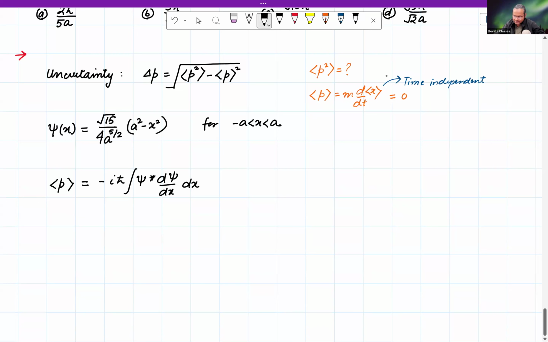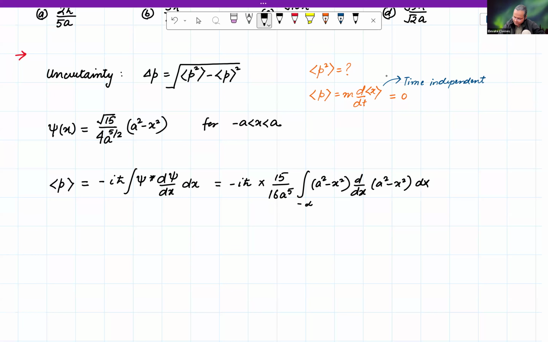ठीक है, तो आप इसको डायरेक्टली जीरो लिख सकते हैं या फिर आप चाहे तो इसको कैलकुलेट भी करके देख सकते हैं. माइनस आयोटा एच क्रॉस, and psi की जगह पे यहाँ पे आ जाएगा 15 times 15 upon 16 a⁵, integration of a² - x² d by dx of a² - x² dx from minus infinity to plus infinity.